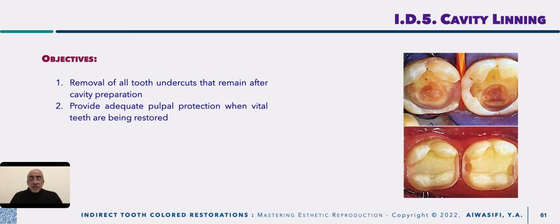In such a case, if we go for an indirect metallic restoration, then you need to cap these cusps or remove this undermined enamel.